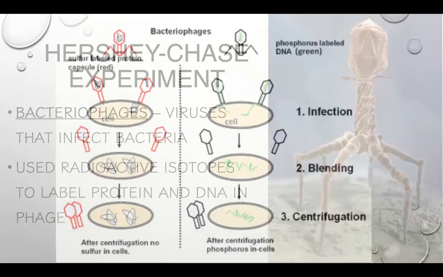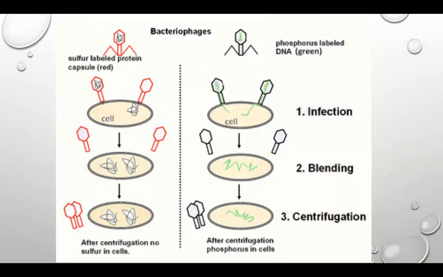So here, I actually used the right colors. The protein was labeled with radioactive sulfur. The DNA was labeled with radioactive phosphorus. Again with the colors, let's just say the protein was labeled red and the DNA green.